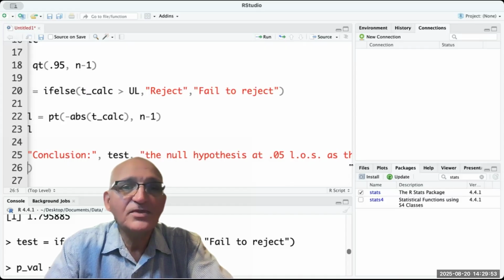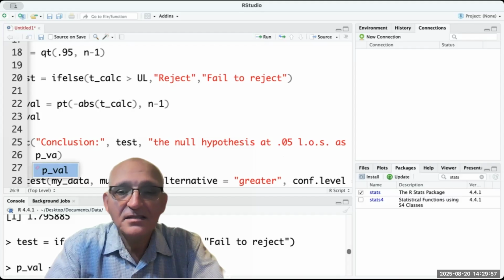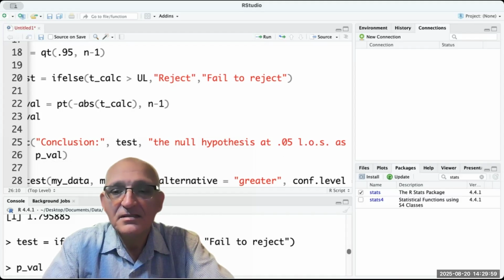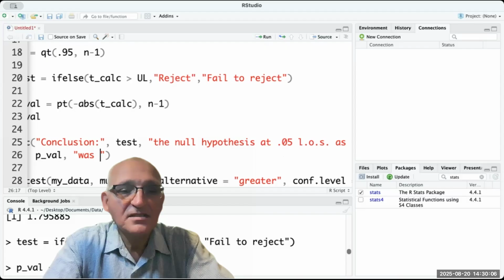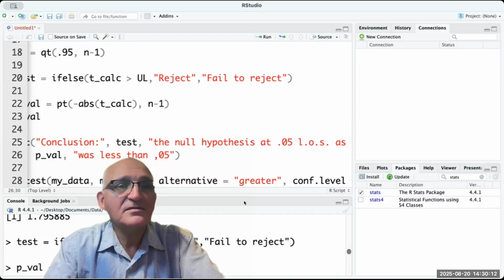In fact, I can complete on the next line: p-val was less than 0.05 or less than alpha.